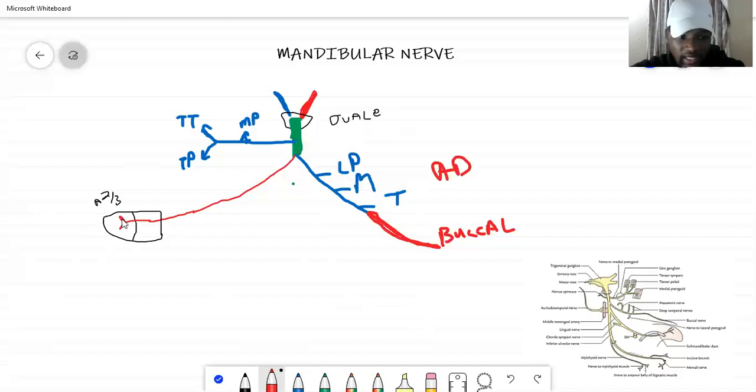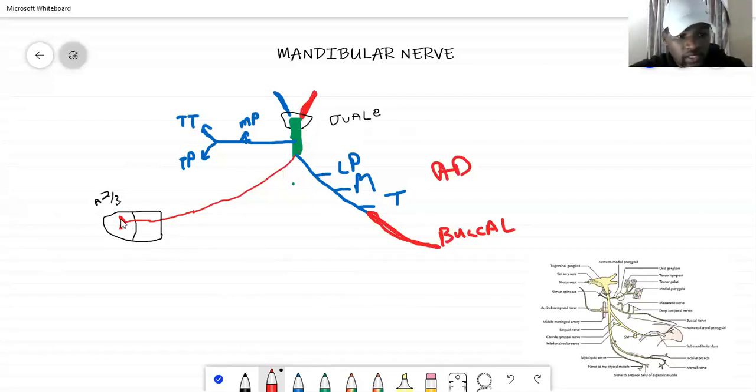The sensory ones don't supply per se. They just take the stimulus to the brain. So forgive me for using supply. I don't know which specific word to use, but I hope you understand what I'm trying to say, guys.